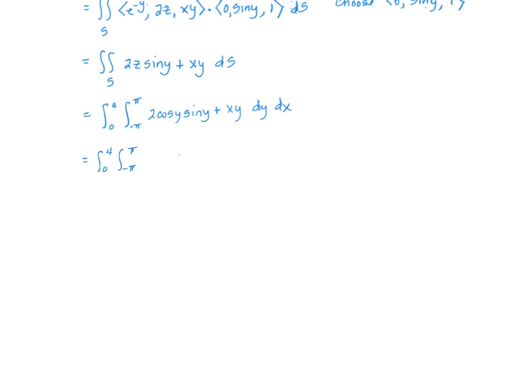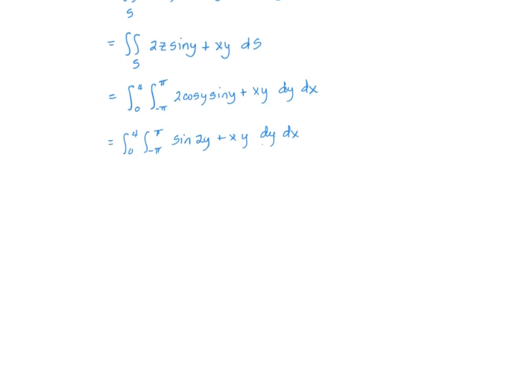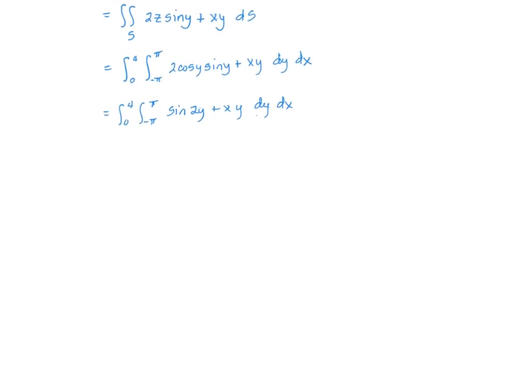I don't want to do a substitution. I have the cosine sine, but going back to our trig identities, this is actually sine of 2y. Otherwise, I would have a difficult time trying to evaluate that integral. Substitution wouldn't work, so the only choice I really have is to use a trig identity. Well, maybe substitution would have. I'd have to split this up into 2 integrals though. I'd have to have one double integral with 2 cosine y sine y plus another double integral with xy.